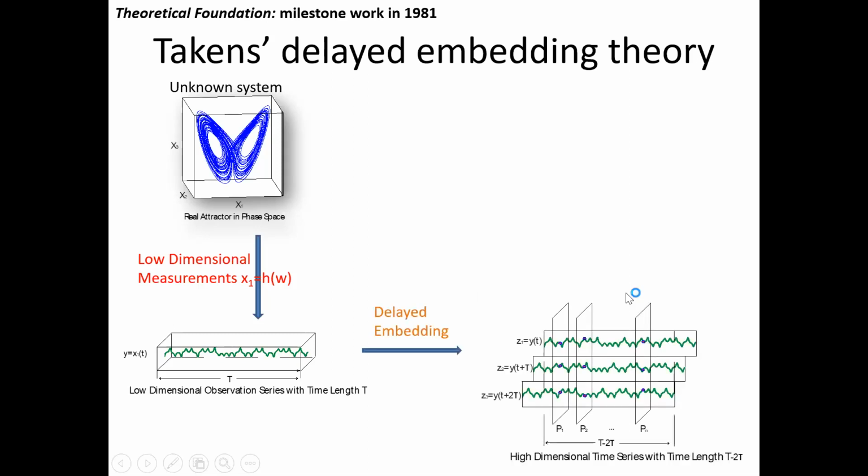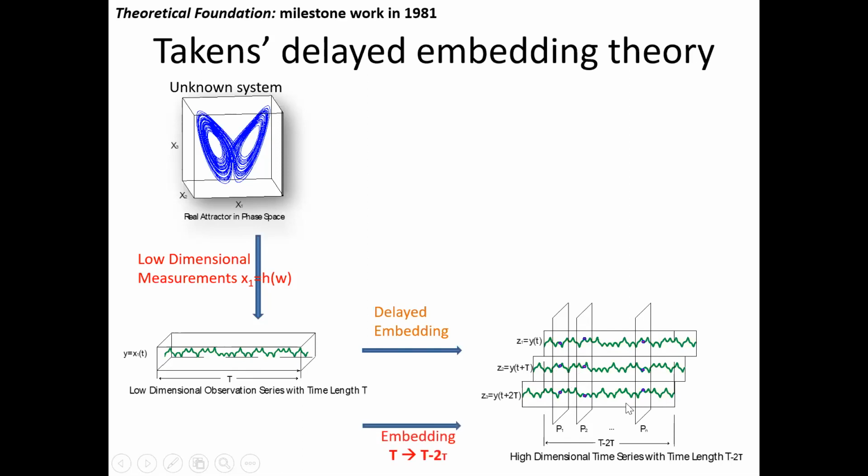From here, we can do the embedding. We use exactly the same data, just delayed a little bit. Then we get high-dimensional data, from 1 dimension to high dimension. Here we get many time points, but they become short and high-dimensional.